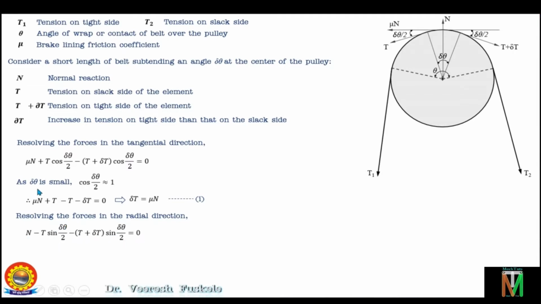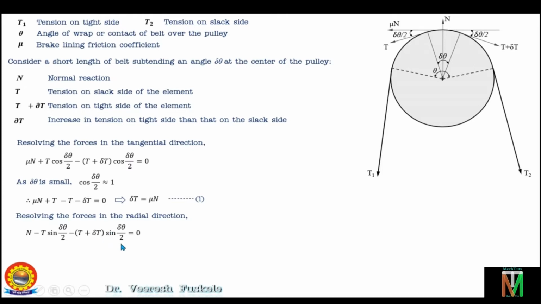Now as delta theta is small, sine delta theta by 2 will become nearly equal to delta theta by 2. So this will give N minus T delta theta by 2 minus T delta theta by 2 minus delta T into delta theta by 2.